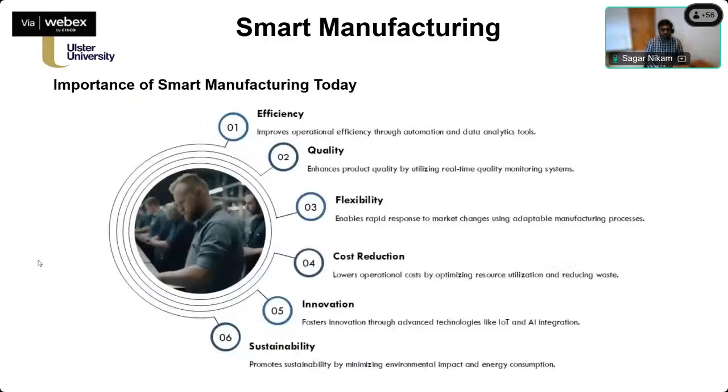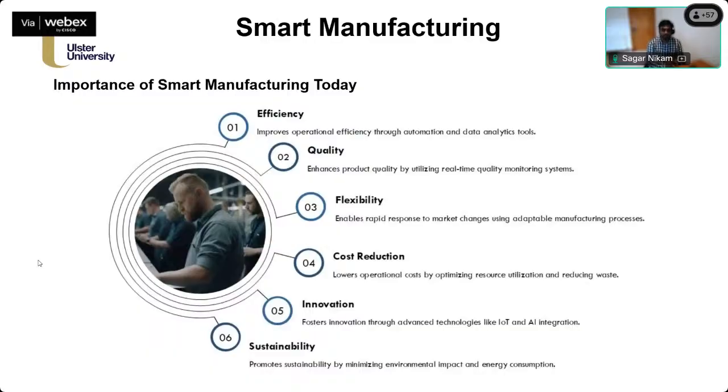So when we talk about the importance of smart manufacturing, the first importance is efficiency. Obviously, when we are doing everything in real time, we can monitor and process in real time. This not only improves efficiency, but also gives a lot of flexibility in manufacturing a product. The next importance is quality.